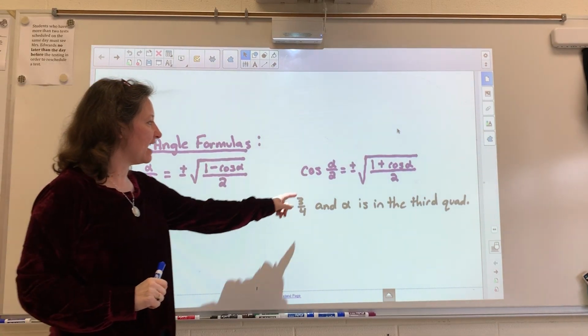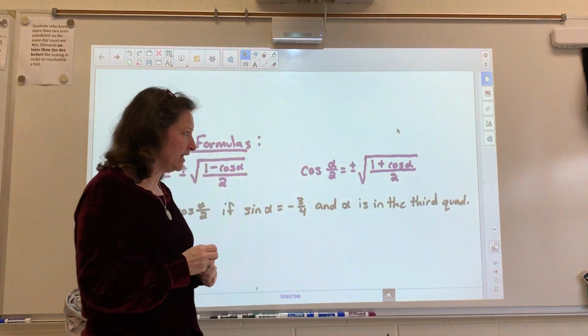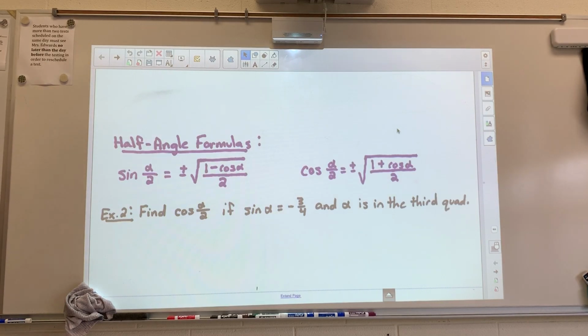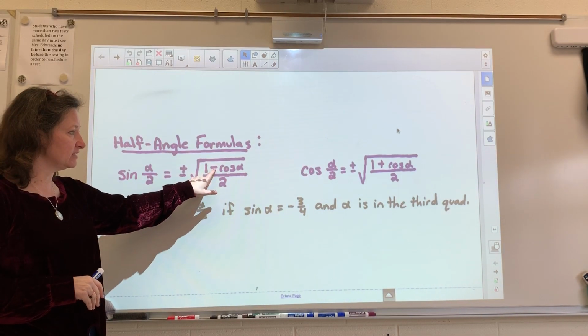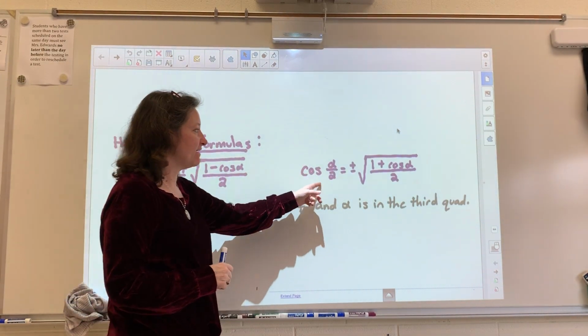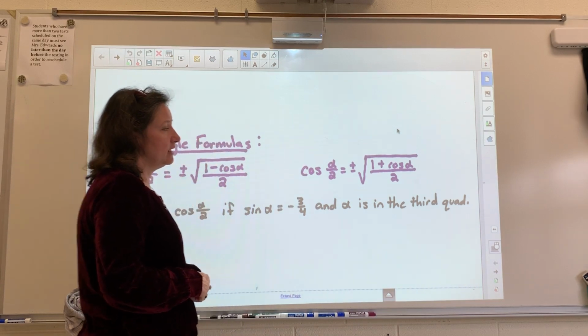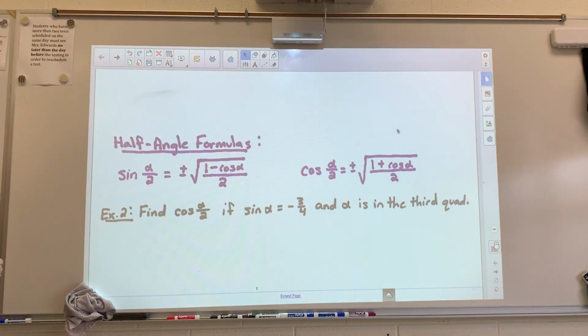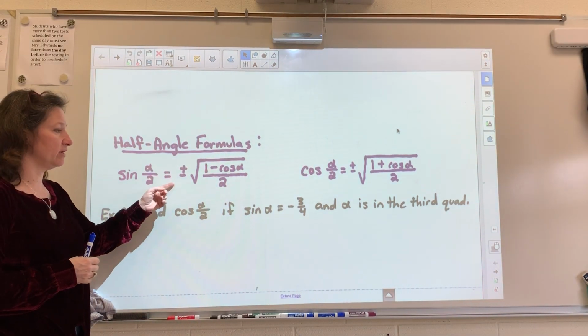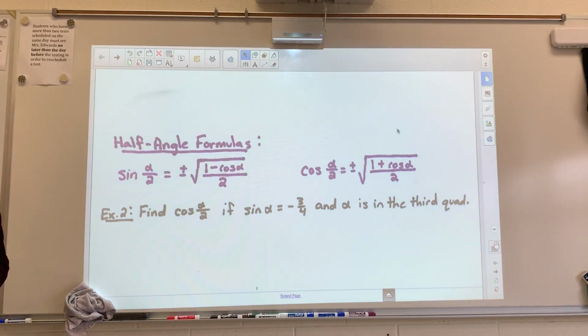The cosine half angle formula equals plus or minus the square root of 1 plus cosine alpha all divided by 2. The only major difference is the sine half angle formula is subtraction, the cosine half angle formula is positive. And in the problem, we are going to have to determine if it's positive or if it's negative. I think the easiest way to do this is to actually work through a problem and see what happens.